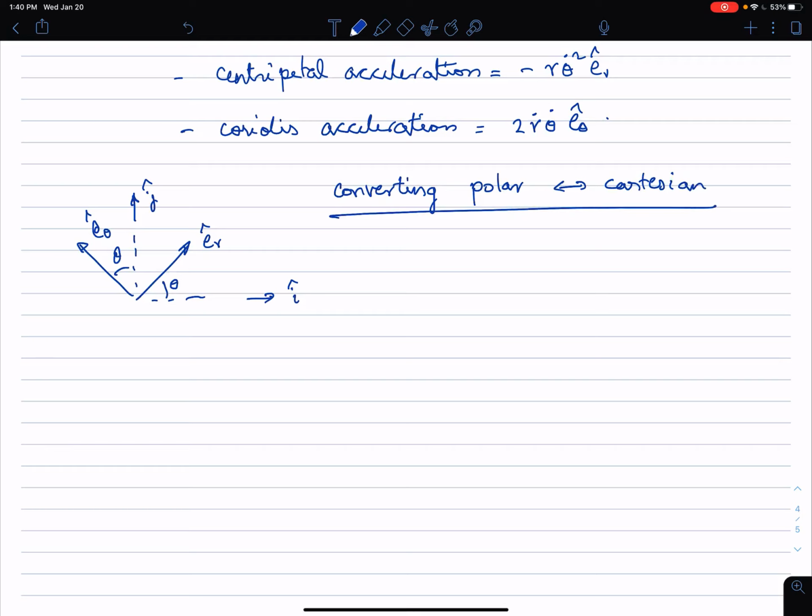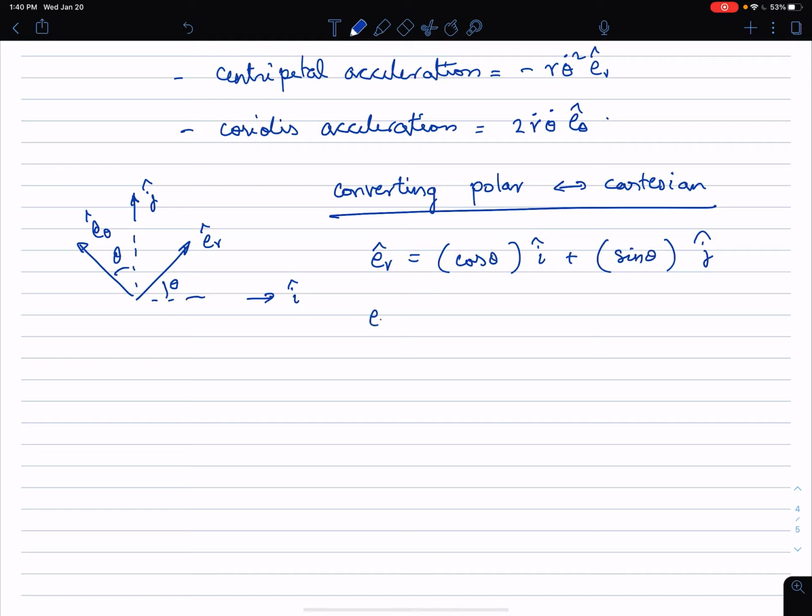You can use the following equations to convert from polar to Cartesian or Cartesian to polar. Basically, e_r is this; what is its projection onto the i direction? If you drop a perpendicular here and ask what is the component of e_r along the i direction, you can write this as component times i plus component times j. Its component along i is cosine theta, and along j is sine theta.